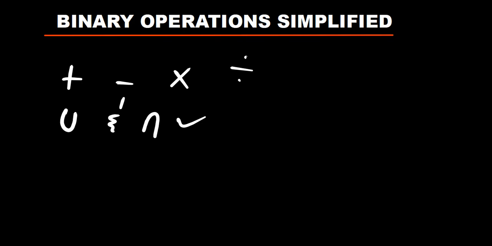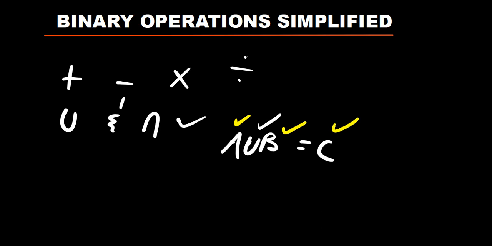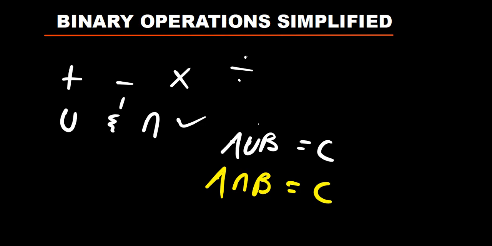For example, if we say A union B is equal to C, the union in this case is our operation, and A and B are our elements, generating a third element. It's just the same if we say A intersection B is equal to C. The intersection in this case is the operation.